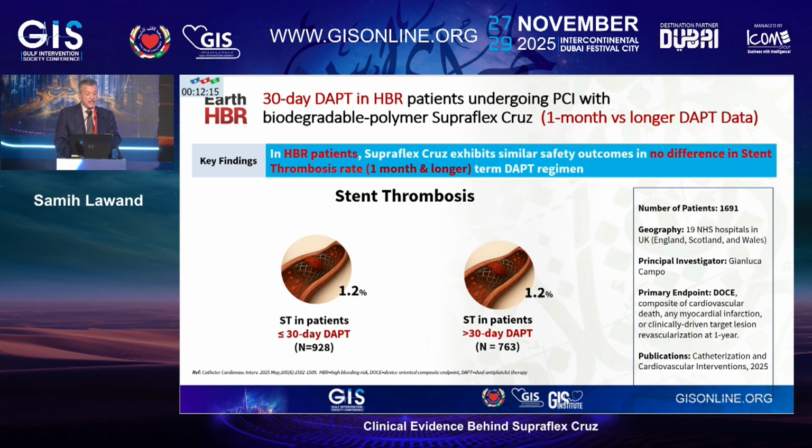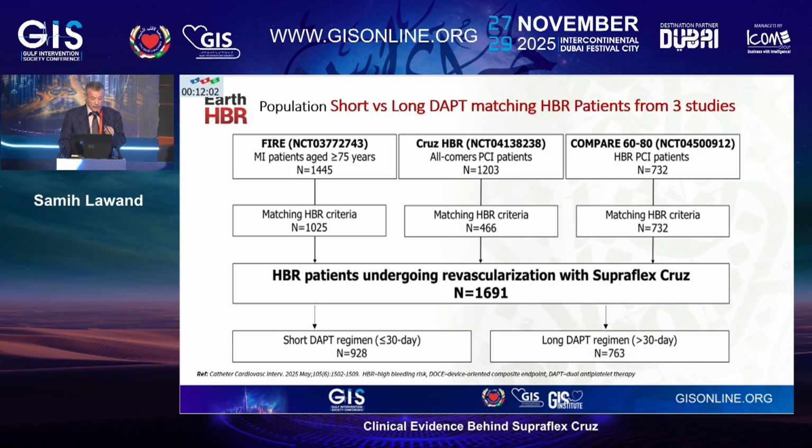In 30-day DAPT in high bleeding risk patients for 1 month versus longer DAPT, data also showed no difference between whether it is less than 1 month or more than 1 month for stent thrombosis.